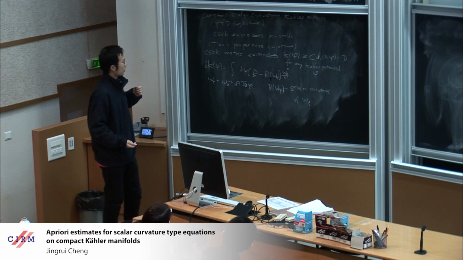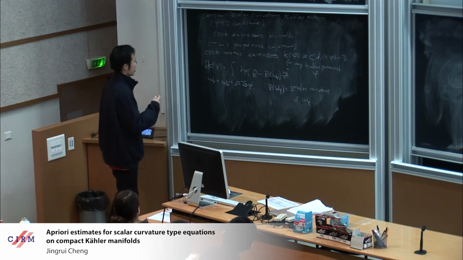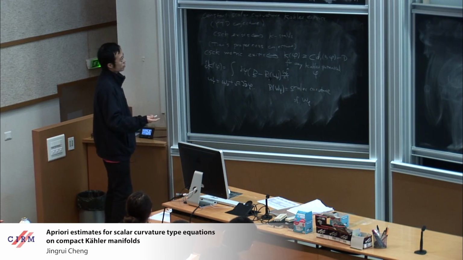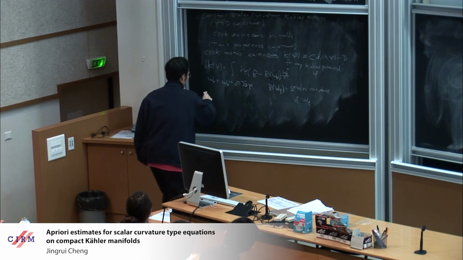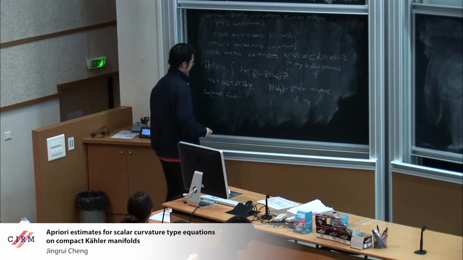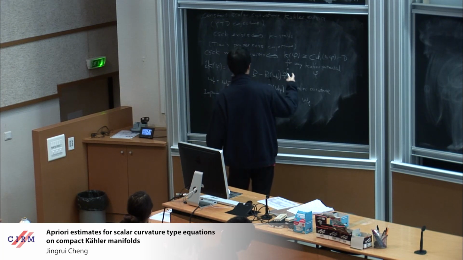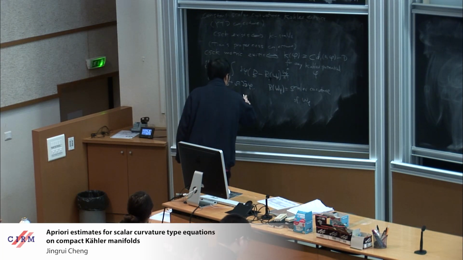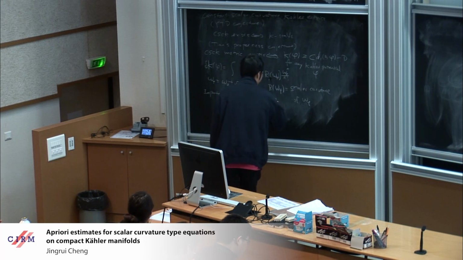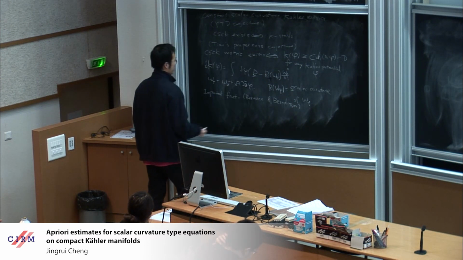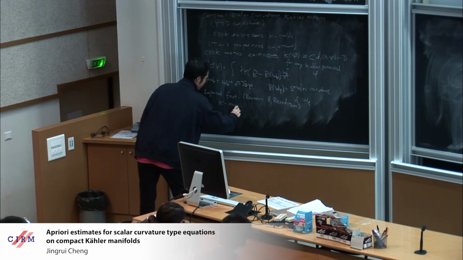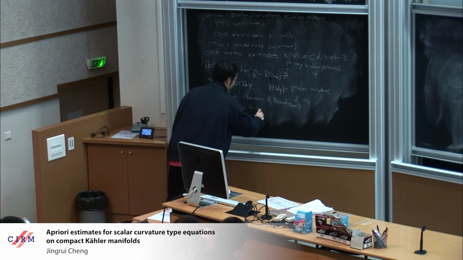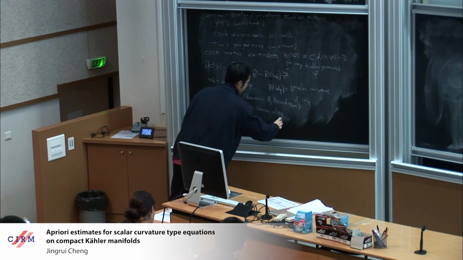One important fact about the K-energy, which was first proved by Berman and Berndtsson, is the convexity of the K-energy along geodesics.